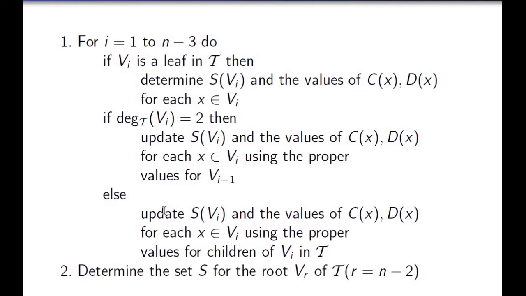Otherwise, we update the set S of vi and values C and D using the proper values for the children of vi in the tree decomposition T. Finally, after the loop, we determine the set S, which is our final geodetic set, for the root vR of tree decomposition T, where R is equal to n minus 2.